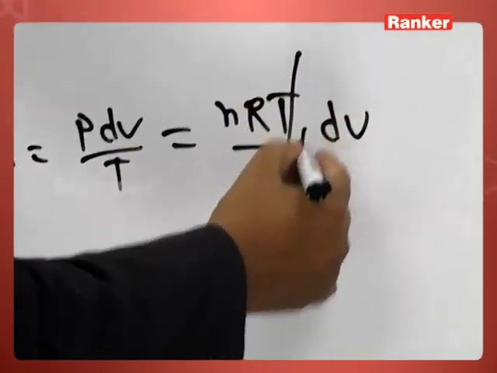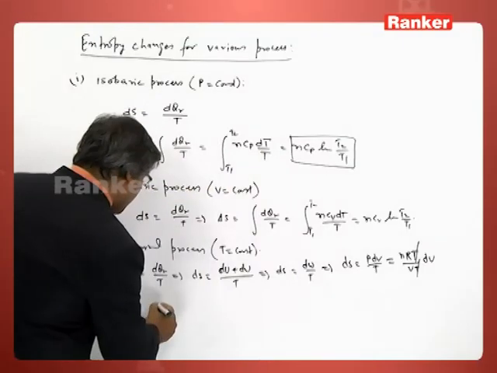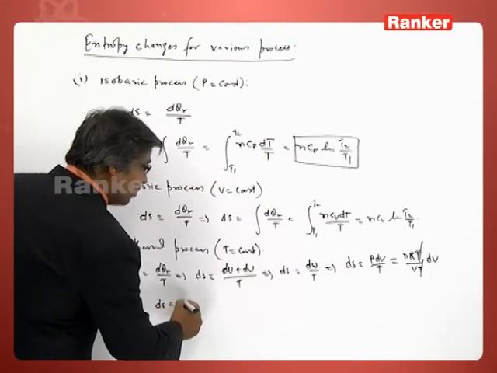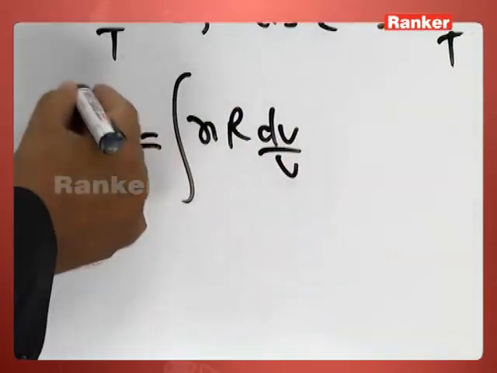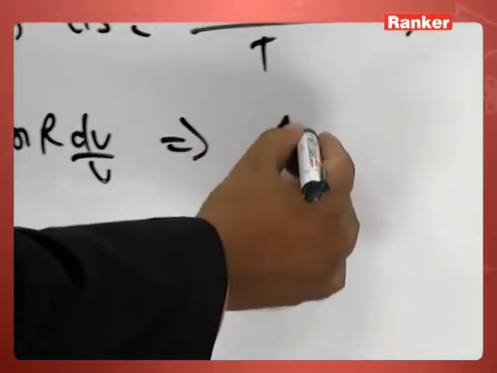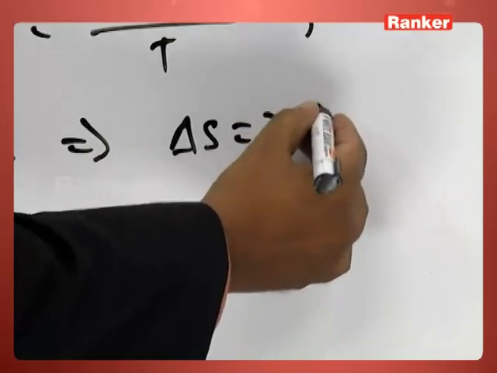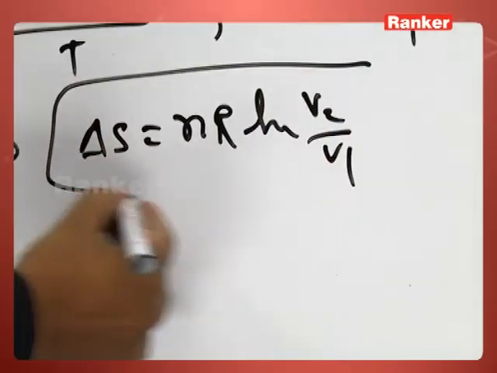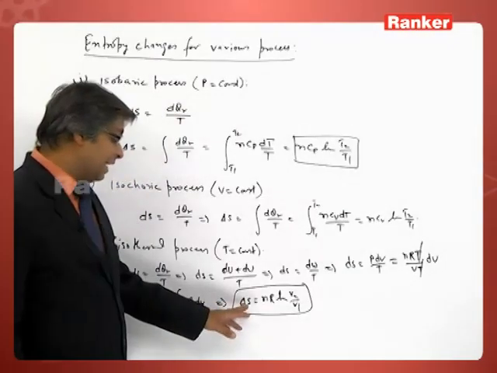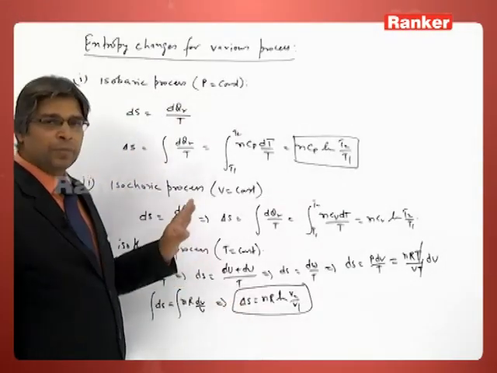So this T and this T cancel. So we have dS is equal to nR dV by V. Now if I integrate it, I will get delta S equal to nR ln V2 by V1. So this is the expression of delta S for an isothermal process.